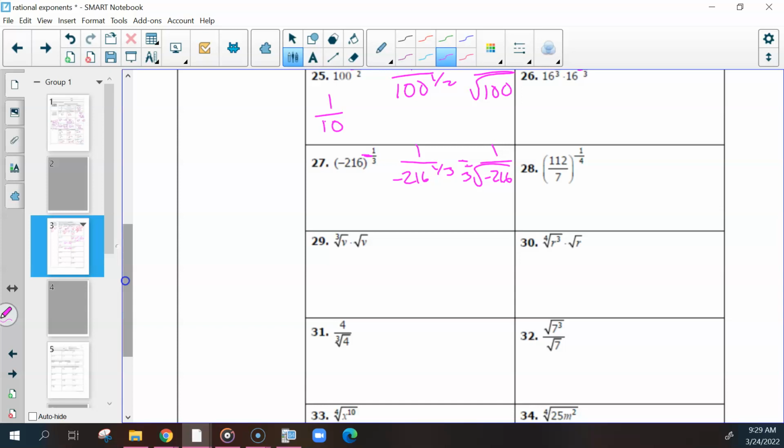What is the cube root of 216? So you could also write this with the negative out in front, or you don't have to write all 3 of them, just pick one.